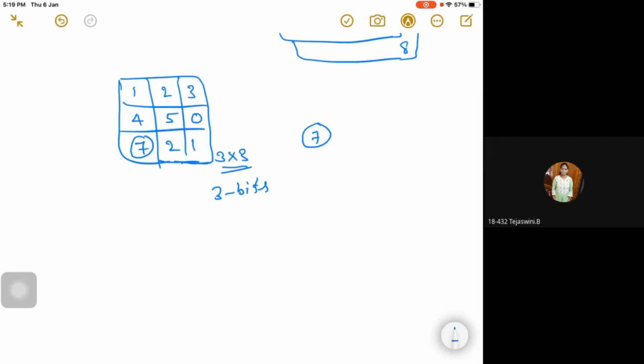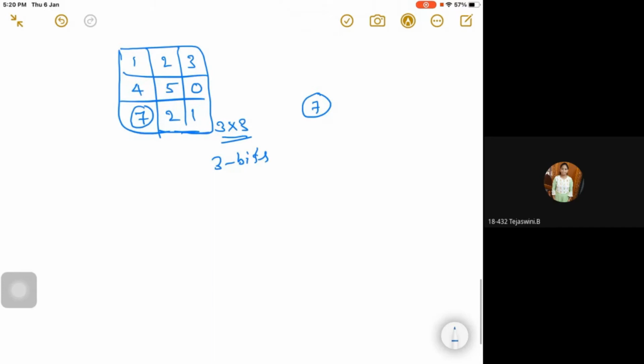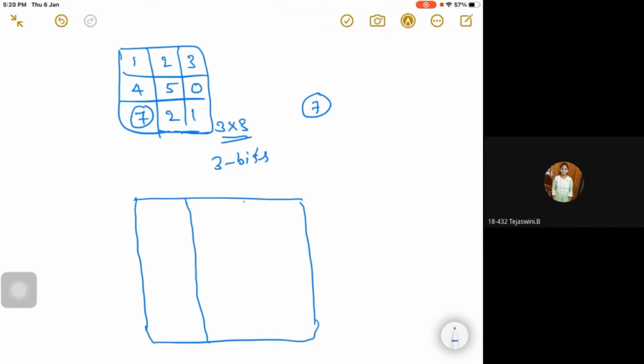For that, let us take a 3 by 3 matrix again with more row width, because we are going to write the binary equivalents instead of the original decimal gray intensity levels. The first one is 1.